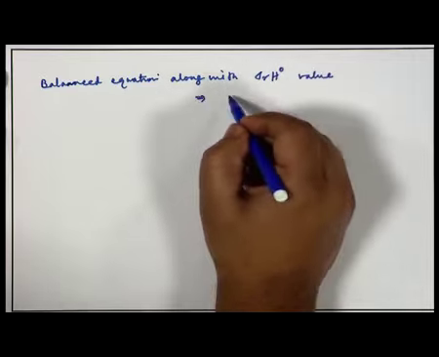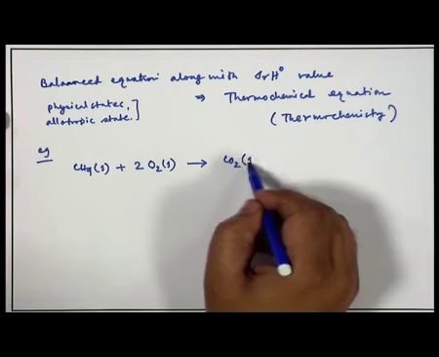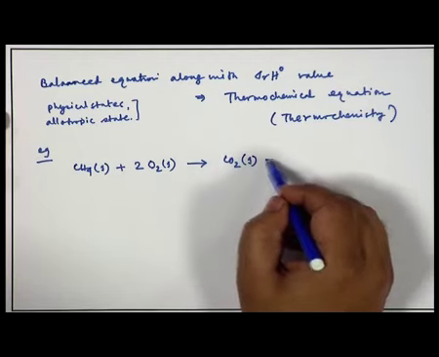So, these we have to take care of in the balanced equation. Just to give one example of a thermochemical equation, we have just written in the last example, where we are giving the physical state of each reactant and each product.